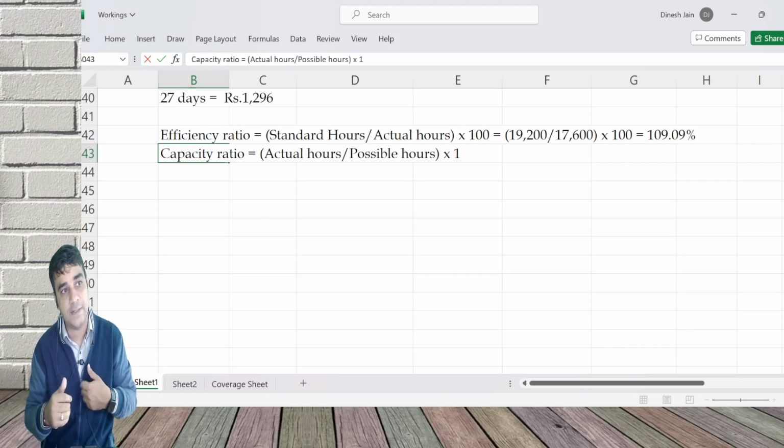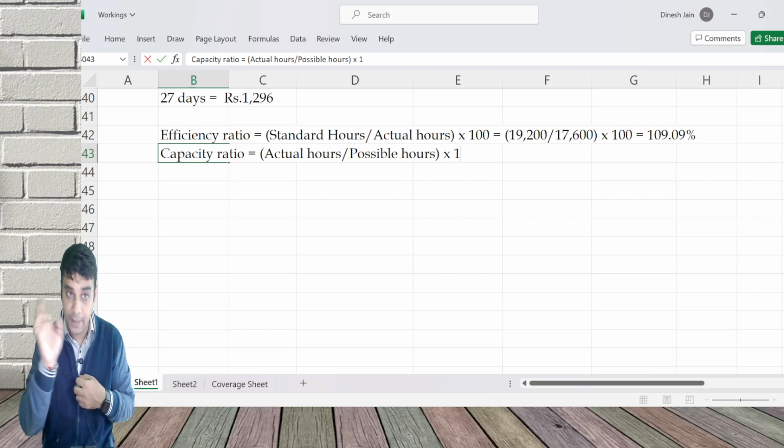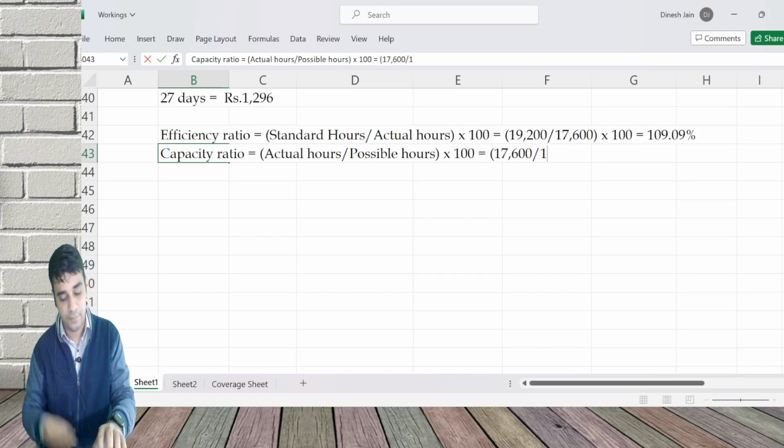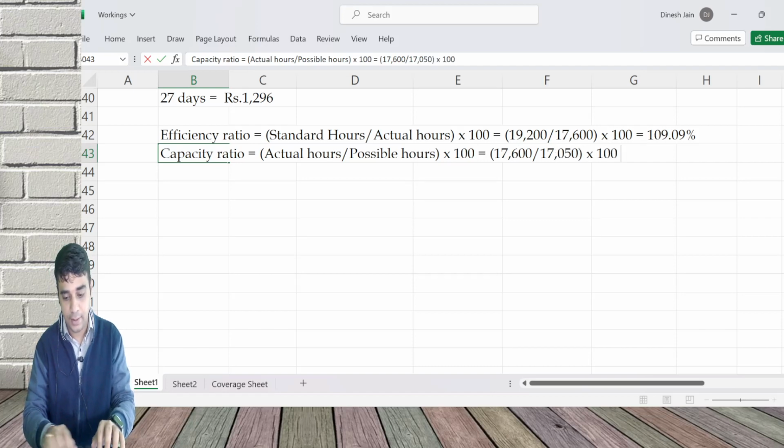There, the capacity ratio is also different, capacity variance is also different. 17,600 by possible hours, 17,050, into 100. 103.23%.